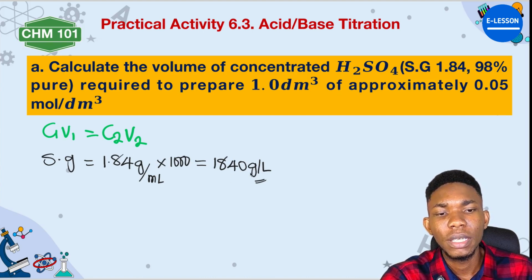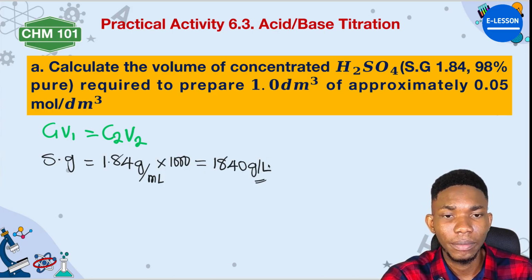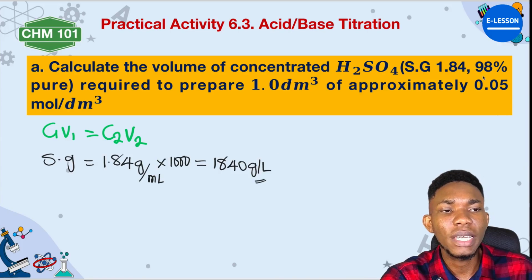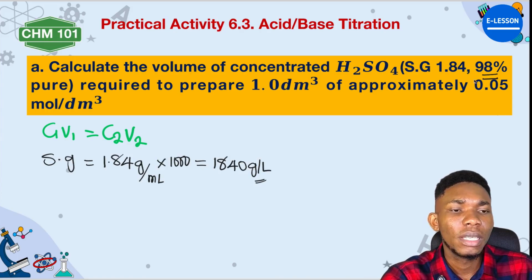Now, what does it mean? It means that in 1 liter of H2SO4, you have 1840 gram. Is that understood? That is the meaning. So 1 liter contains 1840 gram, but the percentage purity was given as 98% pure. 98% means that the entire H2SO4 contains 98% H2SO4.